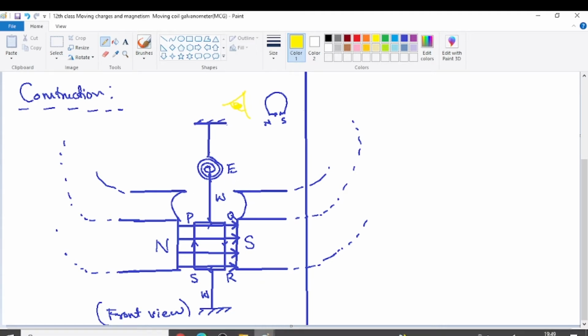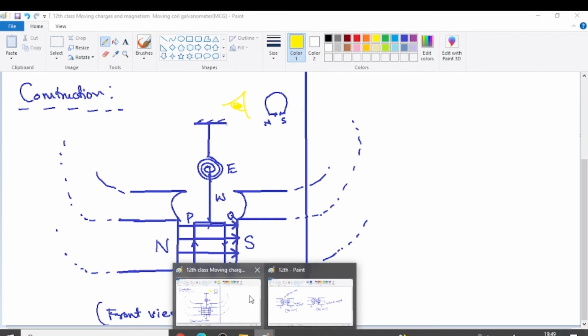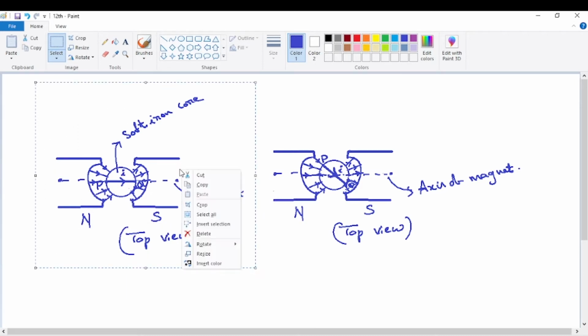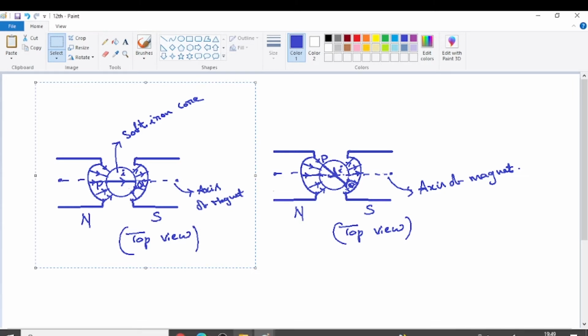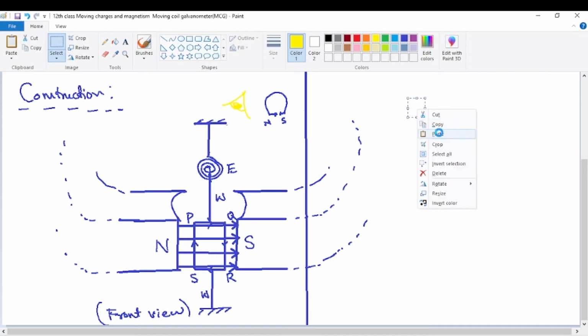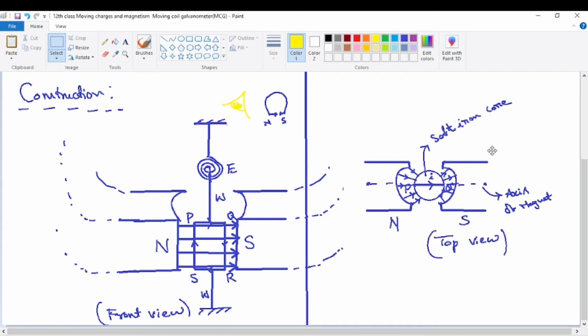I have already drawn this diagram to save time. I'll show it from the next page, and copy and paste it into the actual syllabus diagram. This diagram is actually very simple, so I'm pasting it here so that a lot of time can be saved.